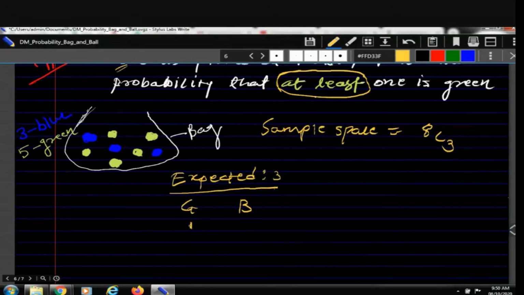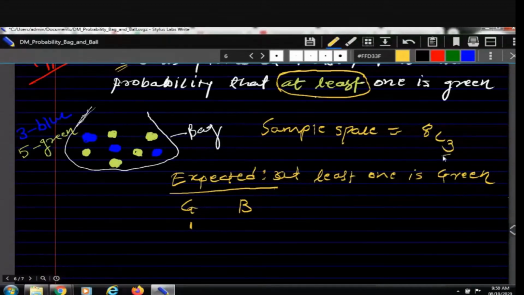Out of that, at least one is green. Let me write this. At least one is green. So at least one means you can write one green. Then if you select one green, how many blue balls will you select? Because you have to select a total of three, the remaining will be blue.